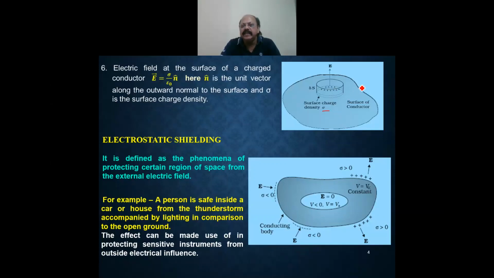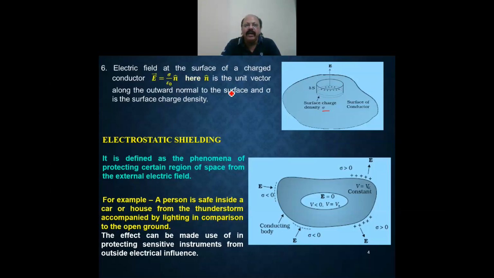You see that this is a surface of the conductor. Here we take a small cylindrical surface that is called a pillbox. Inside it there is a plus q charge. Due to this plus q charge, the direction of the electric field is radially outward, and delta S is the small area element. When we drop a normal over it, it is also along the direction of the electric field, that is, the outward normal.